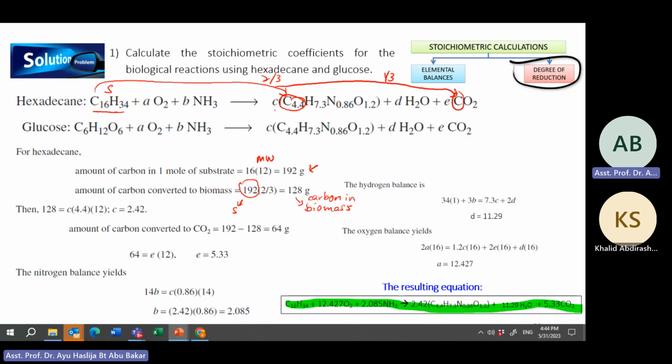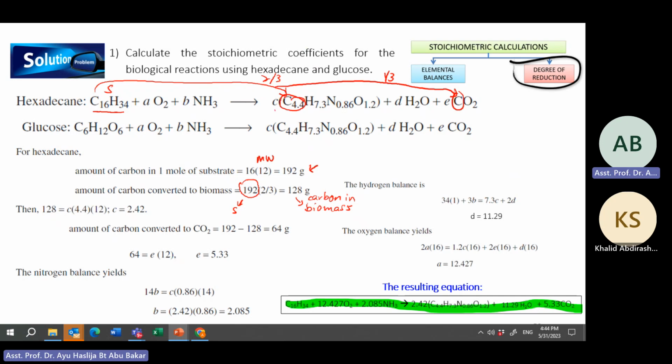Okay, so from there, using the info on the carbon converted to biomass, we can calculate.